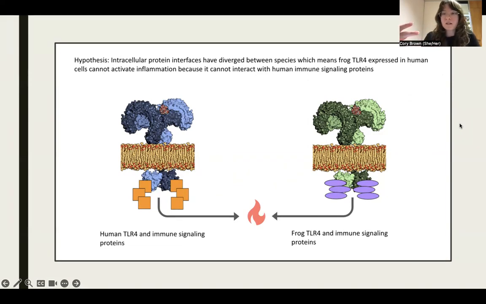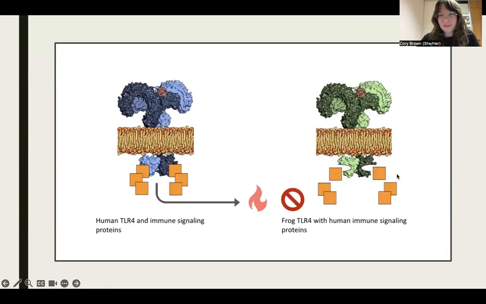And when they interact with these downstream pathways, such as the NF-kappa B, they end up resulting in inflammation, which is what we are studying. On the other hand, if we place them into human cells and they have these signaling proteins that are square and cannot interact with the TLR4 in question, we end up not having any activity at all.